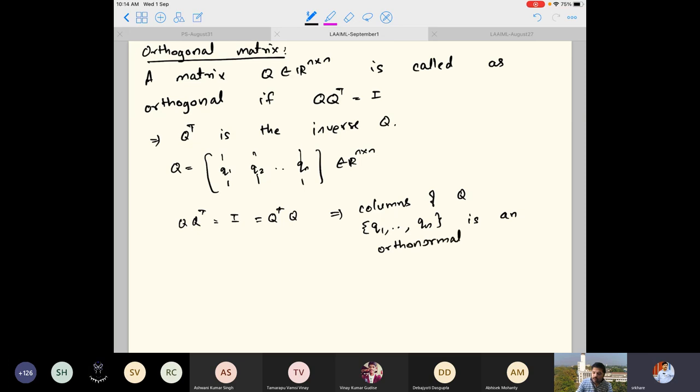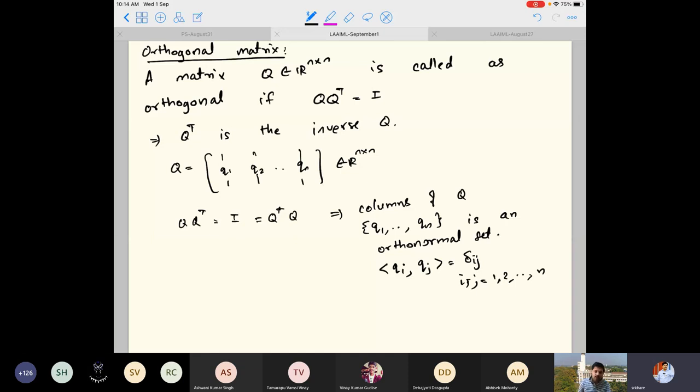And what does this orthonormal set mean? The inner product of Qi and Qj is equal to delta ij, for i, j equal to 1 up to n, right? So when i is not equal to j, it's 0, that means orthogonality. When i is equal to j, the inner product is equal to 1, which basically means that the norm of that column is equal to 1.